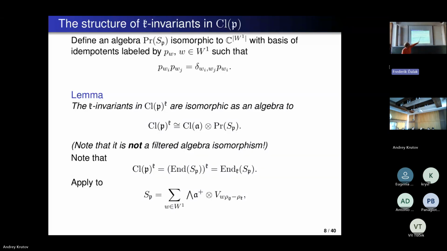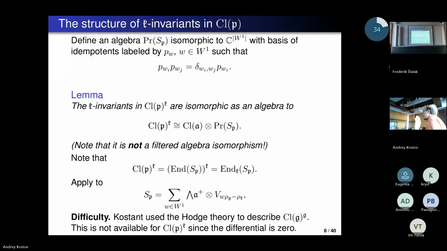So we need to introduce some new filtration here and here. So the rest of the talk will be about it. And unfortunately, here we cannot use many techniques that Cartan was using. For example, there is no obvious Hopf algebra structure because of this guy, there is no Hodge decomposition, etc., etc.